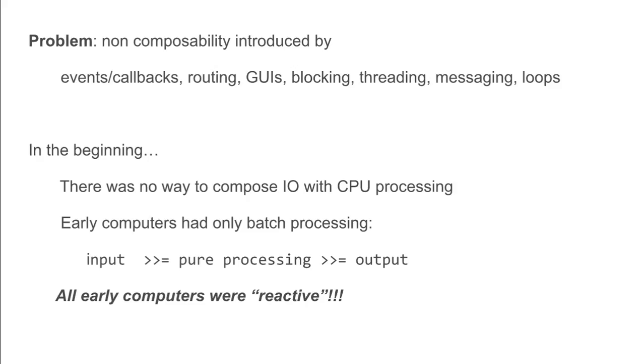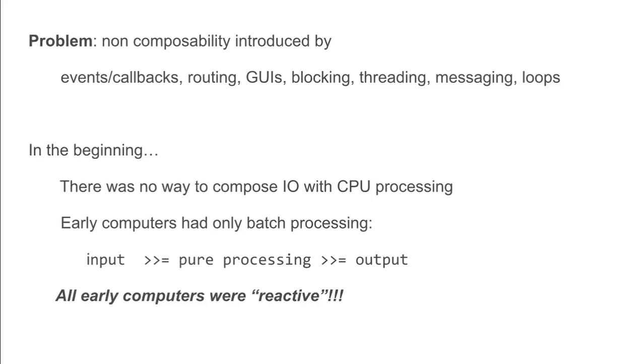Well, let's start with the history. In the beginning, there was absolutely no way to compose asynchronous I/O with CPU processing. Yes, we can execute a machine code I/O operation, but not a long-running I/O operation, for example file I/O, because the system has to wait for the response.